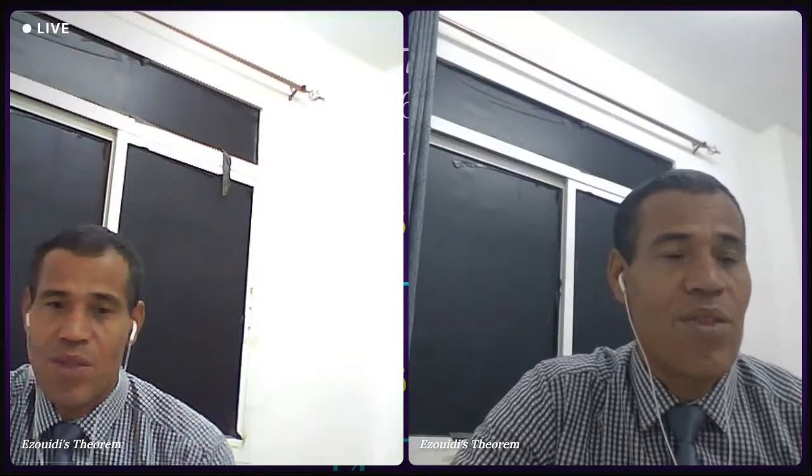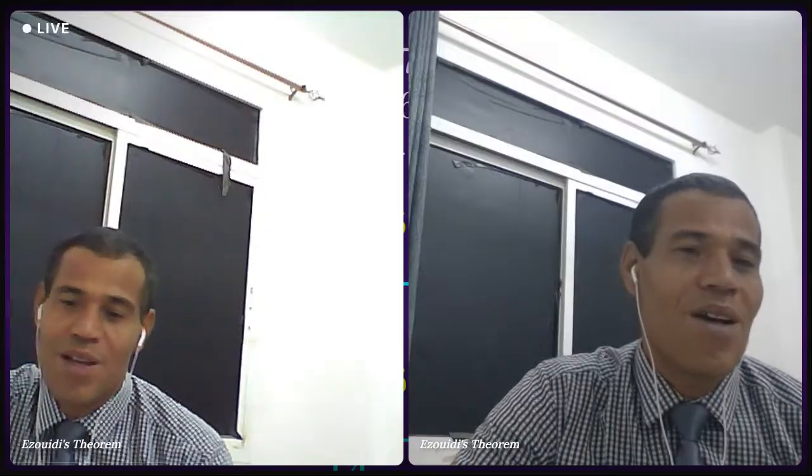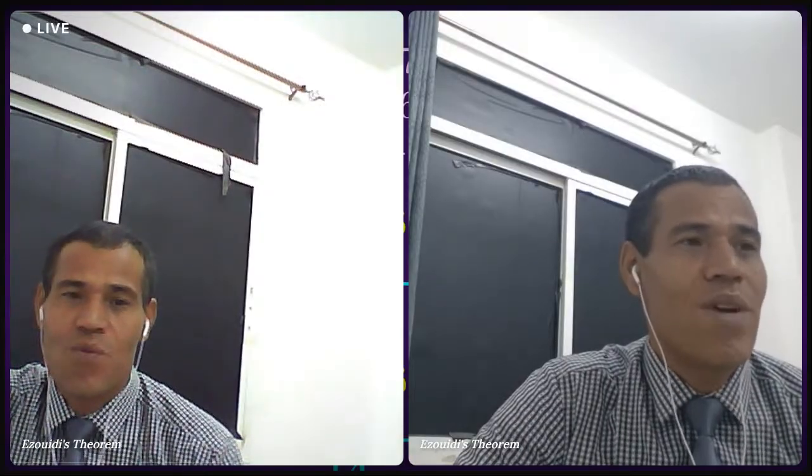And notice here, because of the recursive structure in Ezouidi's theorem, we were able to derive these roots, okay, systematically and precisely without any approximations. Means here in our example, we don't approximate, we give symbolic exact roots, okay, and we vanish it if we want to vanish all the coefficients.